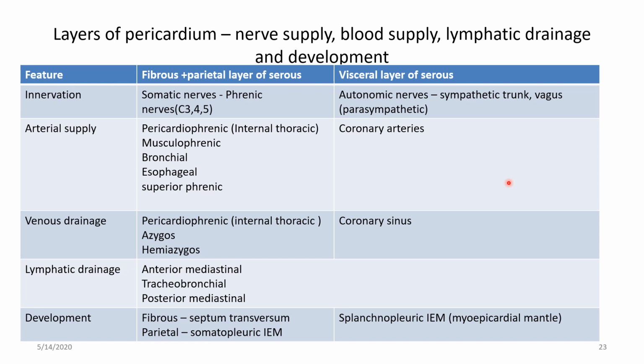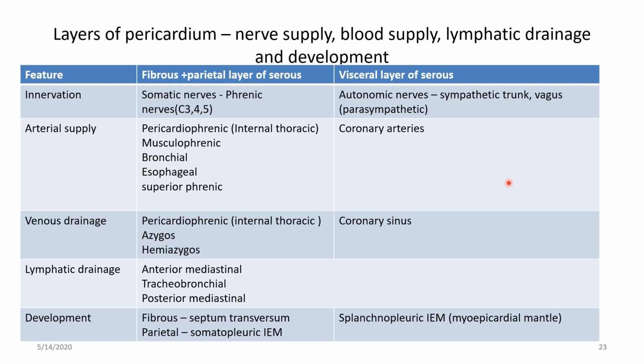Musculophrenic is a branch of internal thoracic artery. Then there are bronchial, esophageal and superior phrenic arteries, which are branches of descending thoracic aorta, whereas the visceral layer is supplied by the coronary arteries.